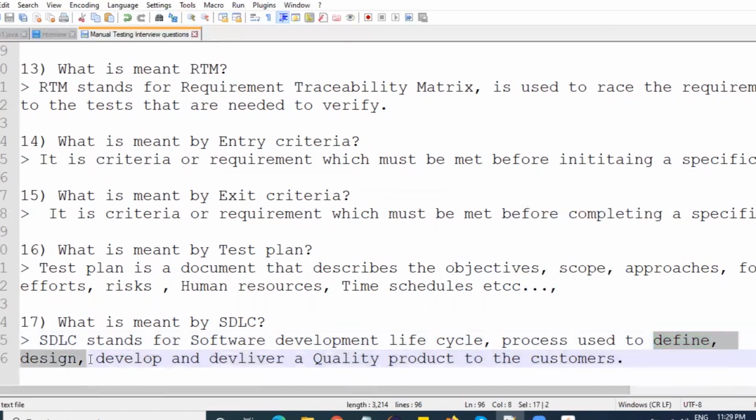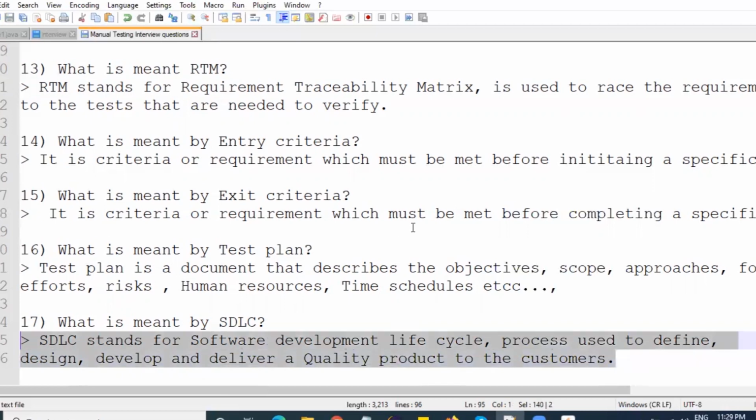Now we do the design, the architecture design of the system, how the system has to be built. After that we develop, which means we write the code. Later I will check the product from a QA point of view. So from the starting to the ending point, we deal with the project. This is SDLC.